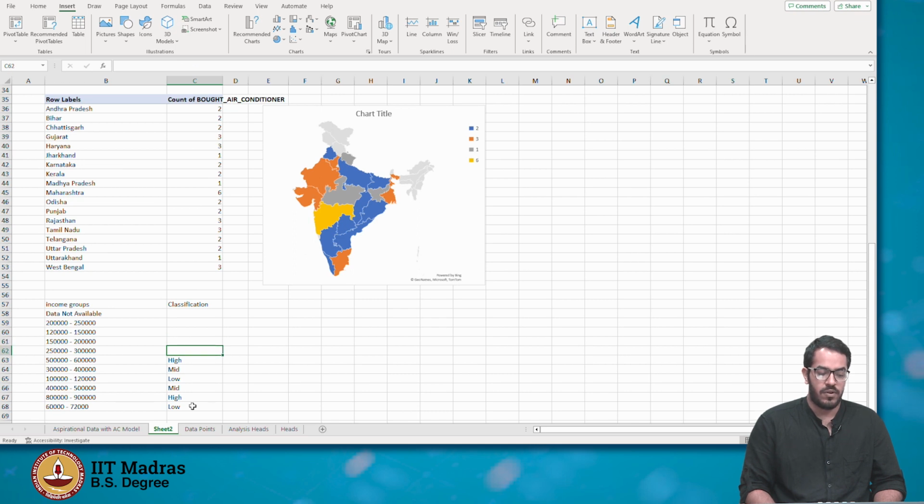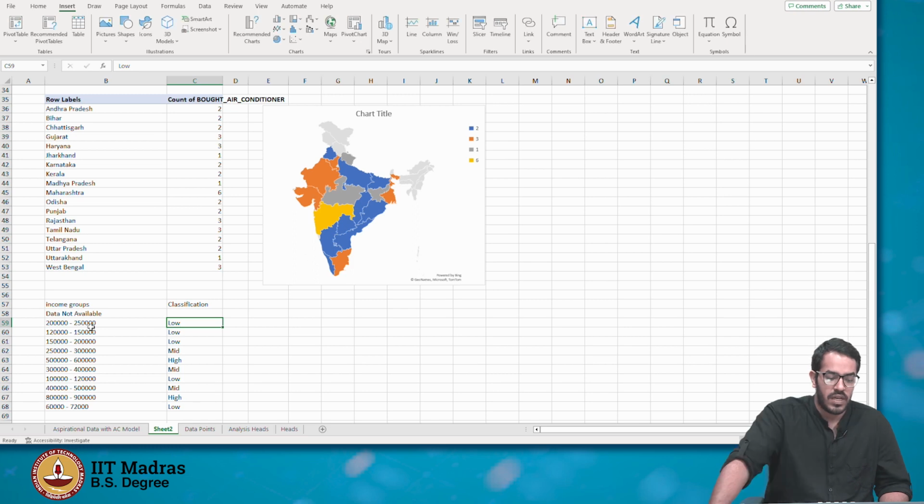Here we have 2.5 lakhs to 3 lakhs, which comes to around 20 to 24,000 a month, which I would say is not too much, but it's not as less as the rest of them. 1.5 lakhs to 2 lakhs is definitely low. Anything below that is definitely low. 20 to 25, again, I think it's not too much. It's 20,000 something a month. I do not consider that a very high income.